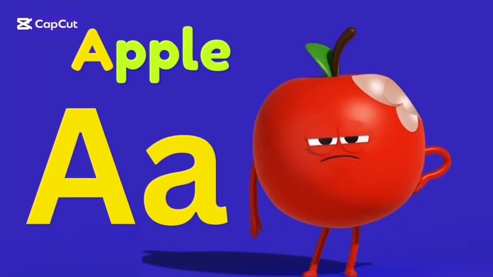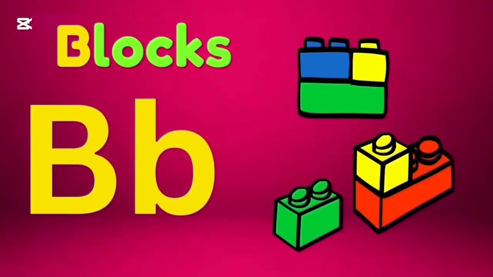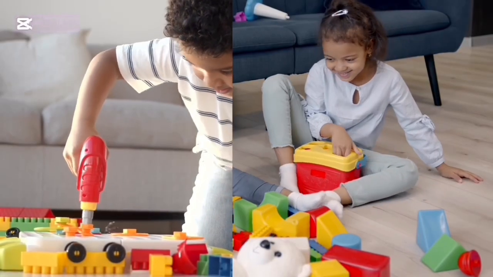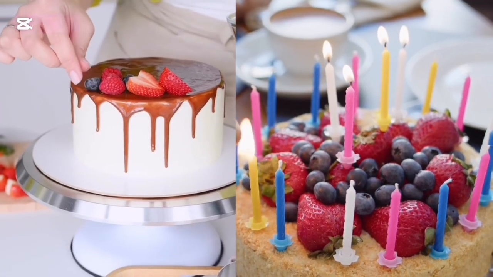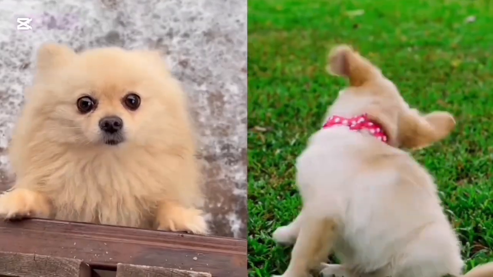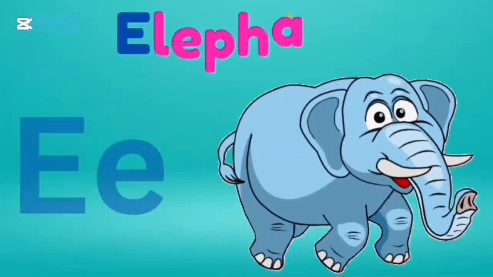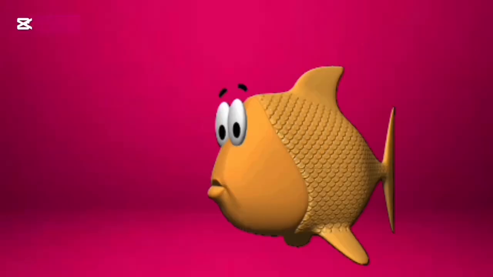A for apple. Apple. B for blocks. Blocks. C for cake. Cake. D for dog. Dog. E for elephant. Elephant.